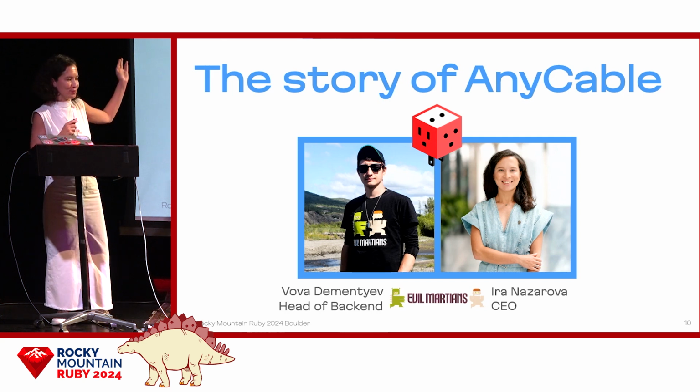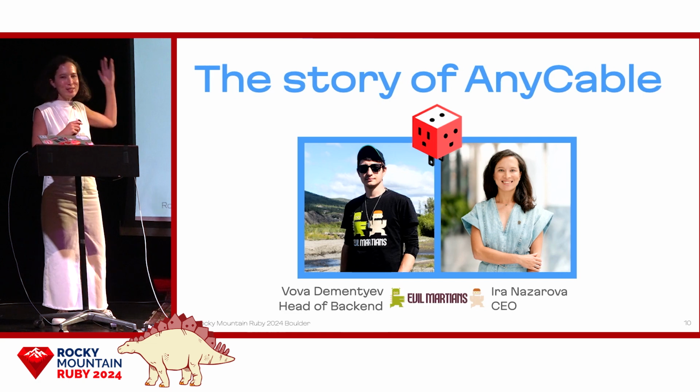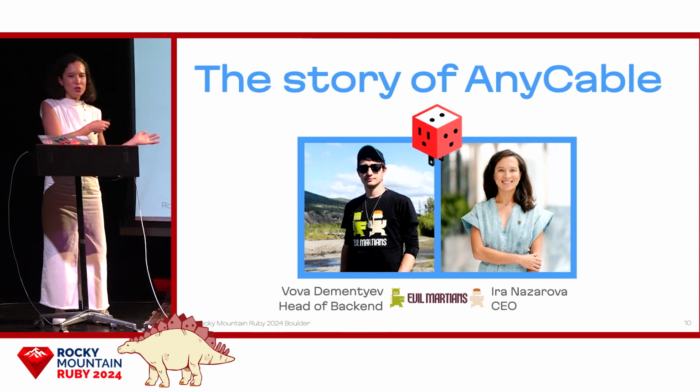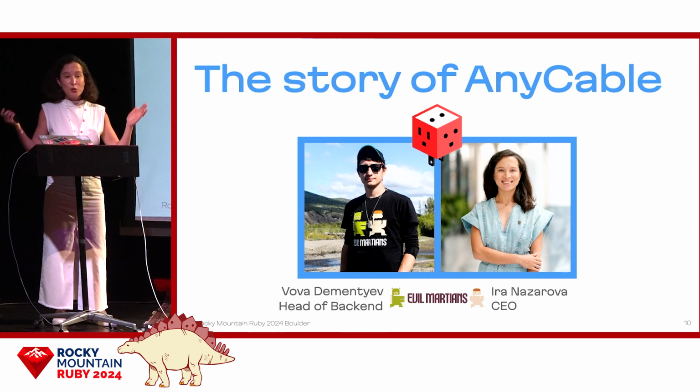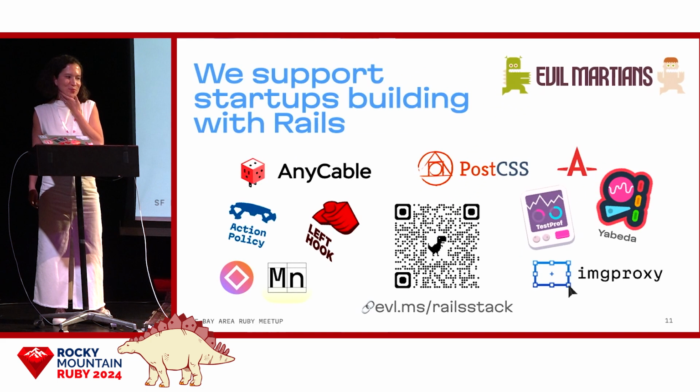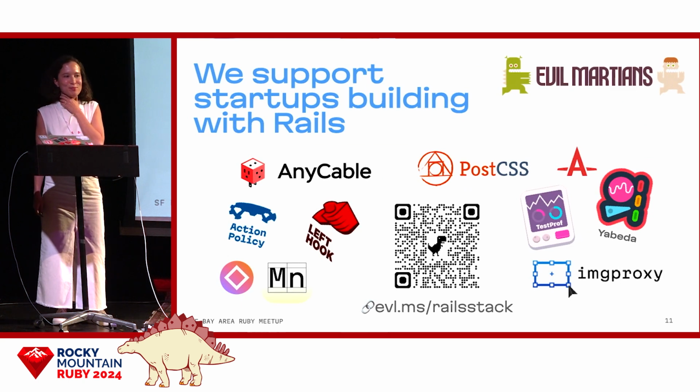And our journey with Vladimir Dementiev. We met at Evil Martians back in 2017. He was a backend engineer, I joined as an account manager, and today he's the head of backend and I'm the CEO. I hope you know something about the company. Maybe you've used some of our open source. Let me know if you did.